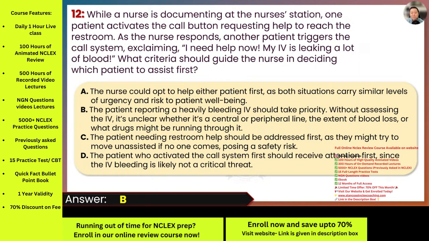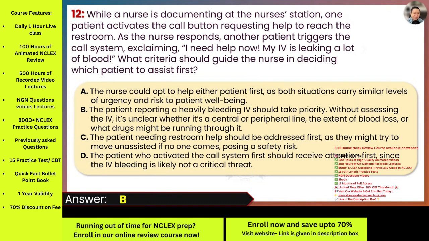And then again, bleeding is an active problem that can rapidly worsen, whereas falls or potential falls are actually considered a what-if. But the IV issue is already an active problem, and that's why you have to prioritize that. And so here you have to prioritize immediate active risks over potential risks such as potential falls.